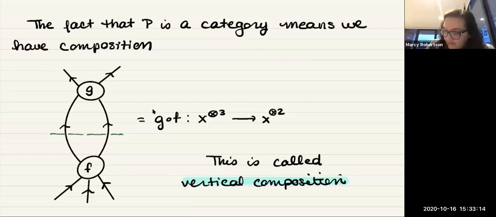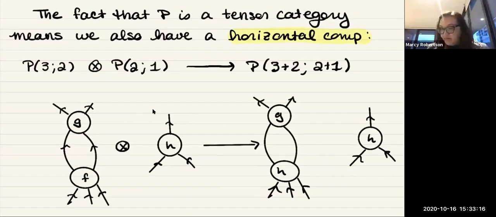So X to the 2, that's what that means. I just wrote the exponents. And then I tensor with a different morphism, and I've just stacked them next to each other. Okay, so that's all that's happening there. It's just the product, so disjoint union of maps, that's all that's happening.